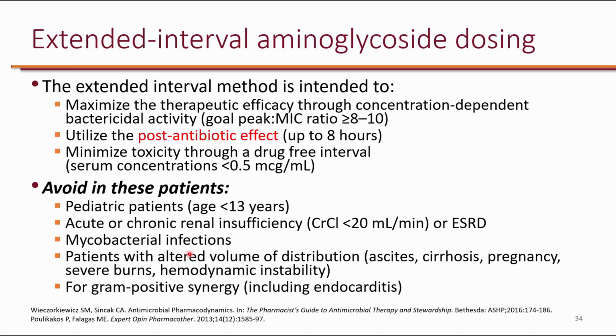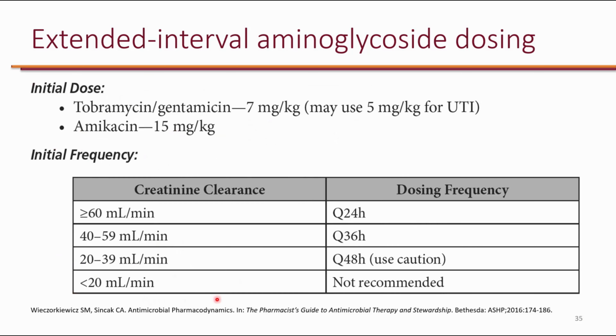It should not be used for mycobacterial infections, and it should not be used in patients with altered volume of distribution, such as patients with ascites, cirrhosis, pregnancy, severe burns, and hemodynamic instability. And it should not be used for gram-positive synergy. So for gram-positive synergy, you should always use traditional dosing.